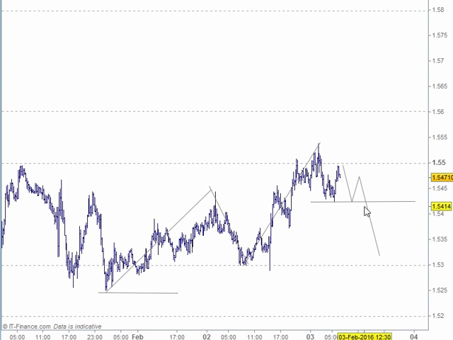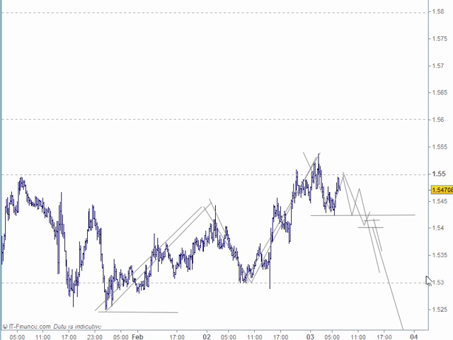So this would be a trigger point, because even at minimum, if it's still a bull market, this would still be an A wave here, B wave here, and a C wave to this point. If it was going to be resistance here, it's going to show up here. So an A, a B and a C wave here, with the possible potential to really move down quite some way. So just keep an eye on that.